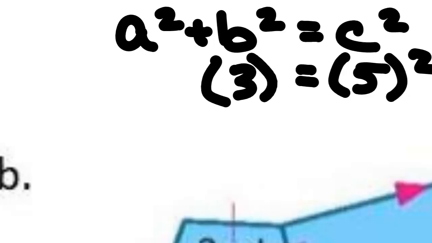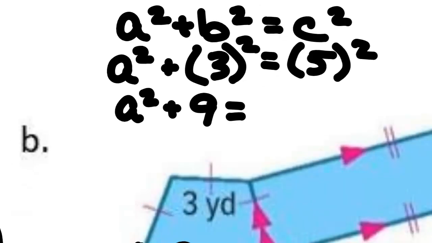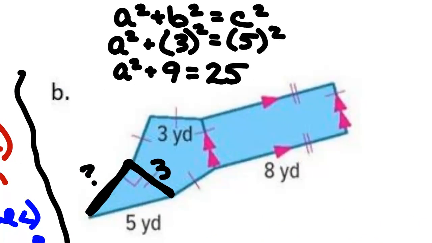3 goes in for either A or B. I'm going to put it in for B. And so then A we will just leave as A. So I would have A squared plus 9 equals 25. And we're going to have to subtract 9 from both sides.